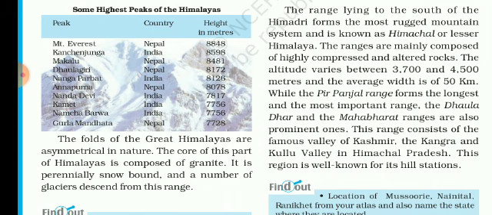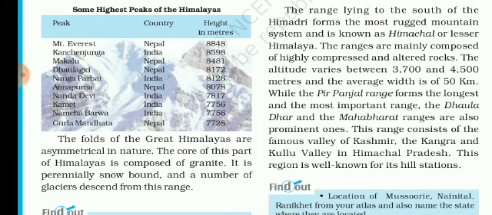Second one is Himachal or Lesser Himalayas. Himachal lies to the south of the Himadri and forms the most rugged mountain system. It is composed of highly compressed rocks with height varying from 3700 meters to 4500 meters.